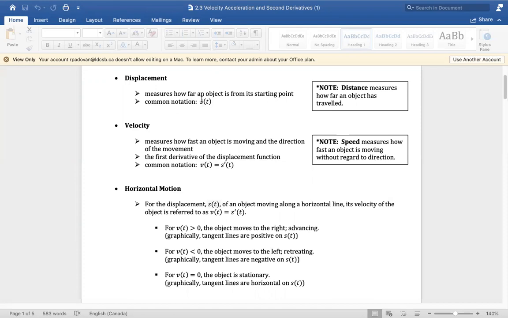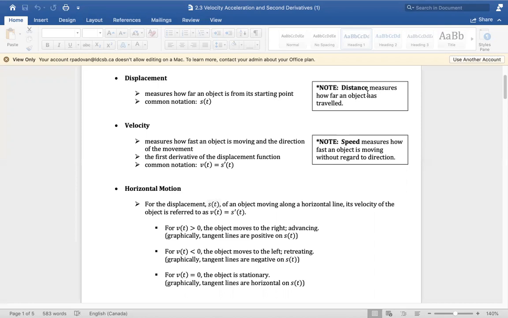Displacement would only measure how far away the object, the car, is from its starting point. So when I'm in Woodstock, the displacement is going to measure how far away I am from Woodstock to London. It doesn't care that I've gone to Toronto or not, just where I am and how far I am from my original point, which was London.